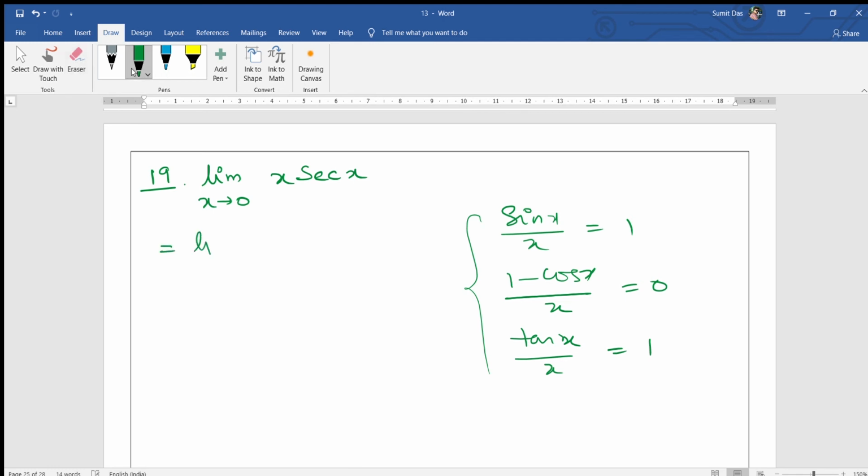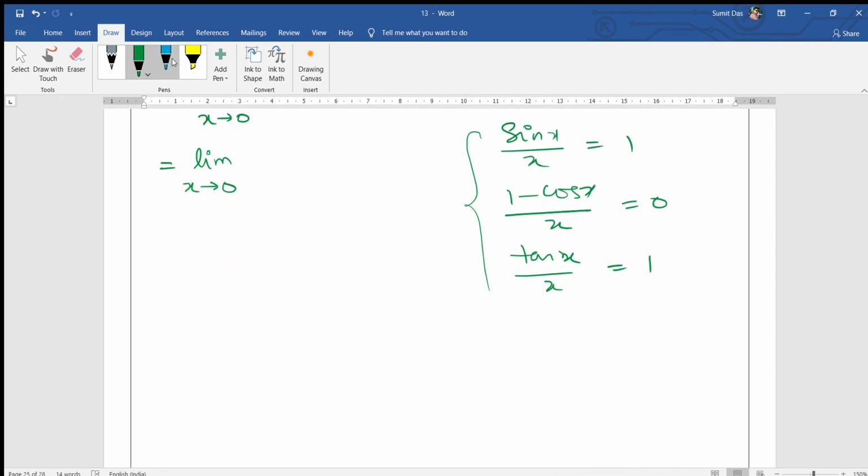Limit x tends to 0, sec x equal to, I'll write the relation between sec square x and tan square x, and I hope all of you know this one, sec square x minus tan square x equal to 1, right?